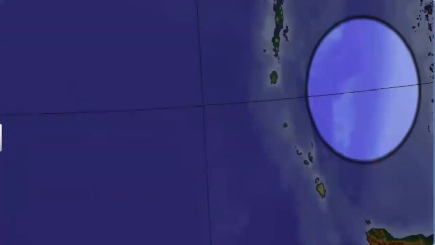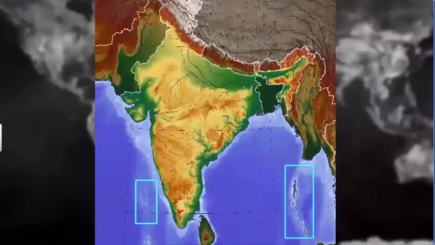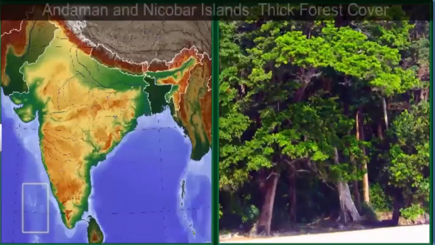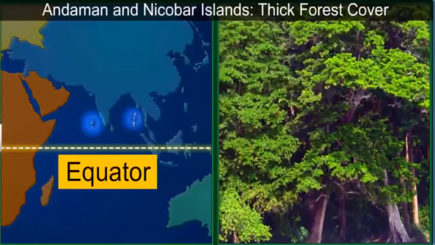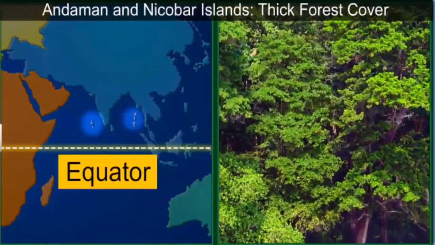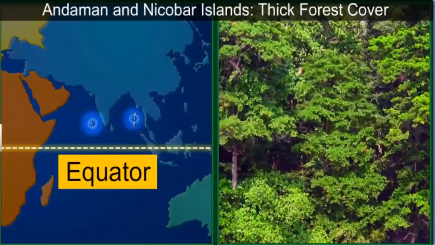These island groups are of great strategic importance for the country. These islands lie close to the equator. The equatorial climate has resulted in a thick forest cover.